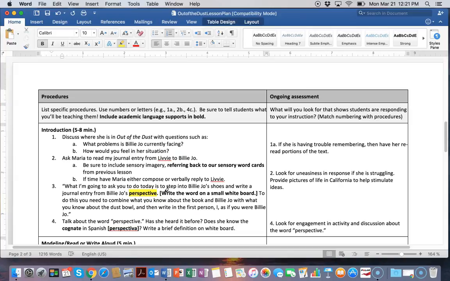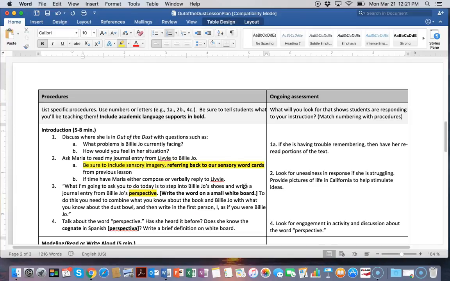So perspective is a key vocabulary word that she's going to need to know. Other vocabulary that her student needs to know were taught in the previous lesson, and these include sensory words. You can see that in the introduction to her lesson and in the journal entry that she creates and presents in the introduction, that she's going to refer back to sensory word cards from that previous lesson.